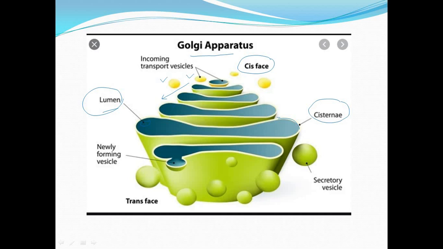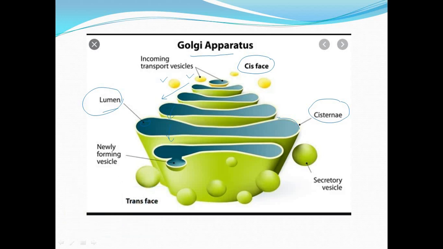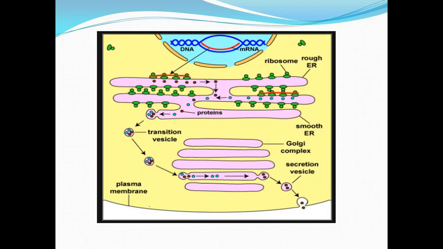And finally what happens? It comes here, and here the vesicles bud off, the secretory vesicles, and this one is the trans or exit side of the Golgi apparatus. This is a clearer picture.